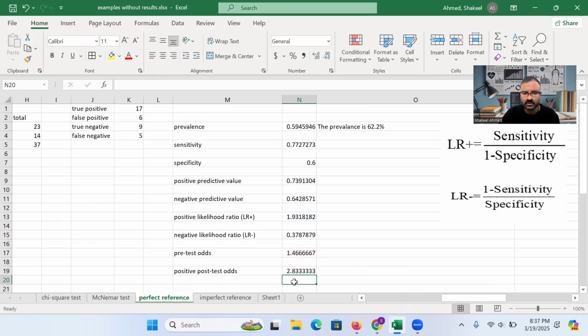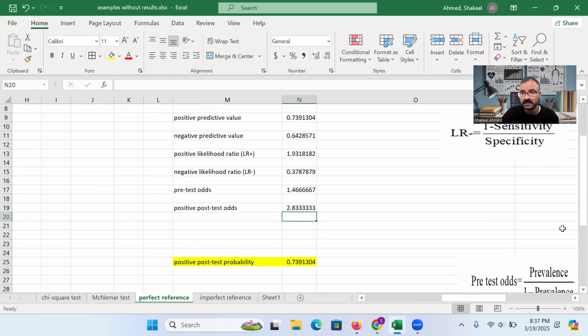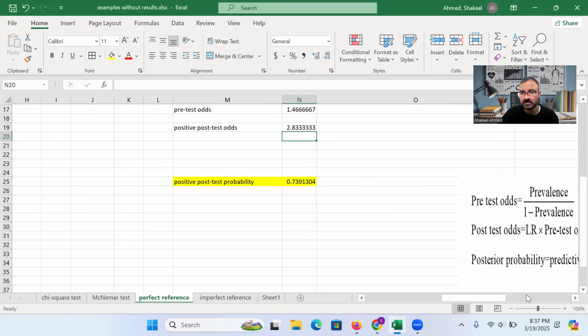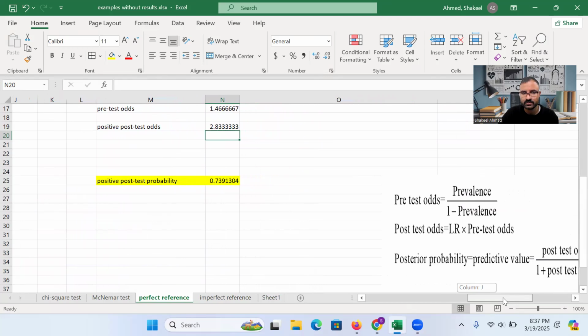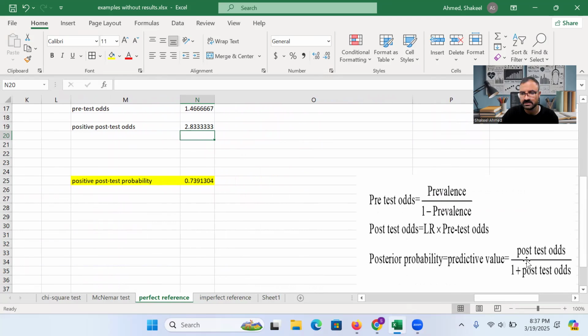This is the positive post-test odds, and you can find the negative post-test odds again, and then you can find the posterior probability, or the post-test prevalence, that is obtained using the odds. You must know the relation between odds and prevalence. We can just find prevalence from the odds using this relation.